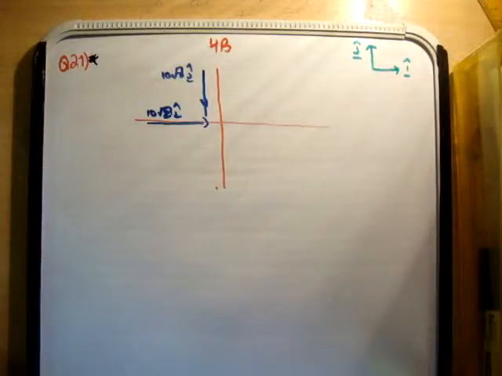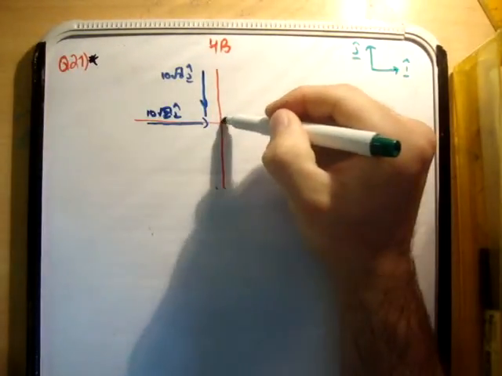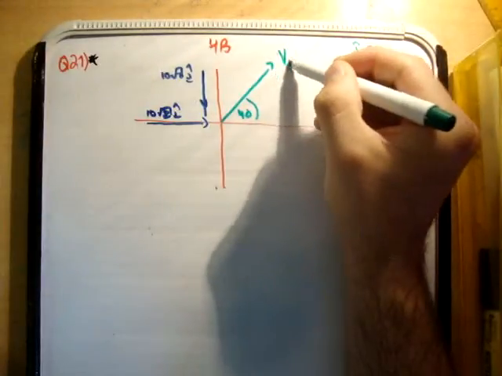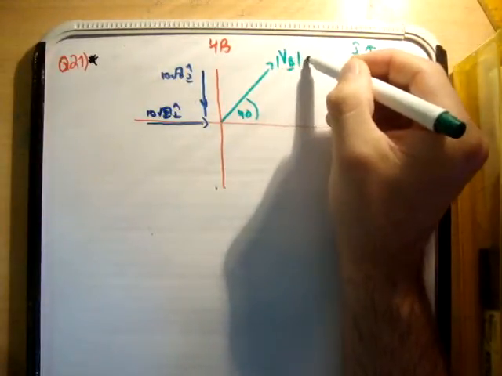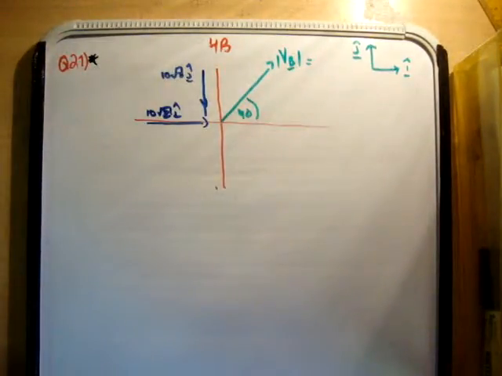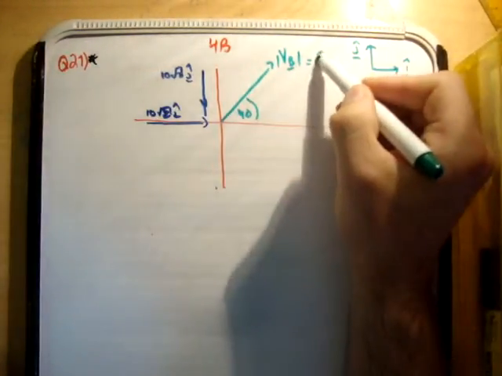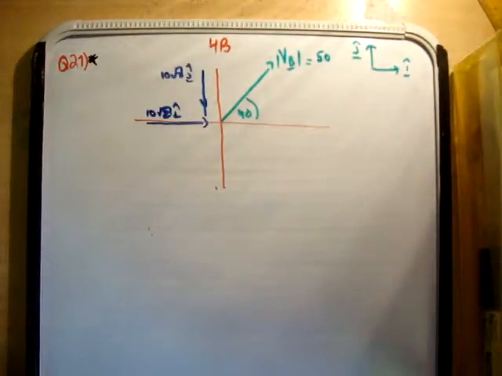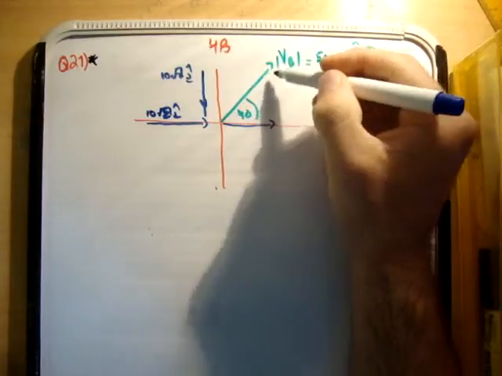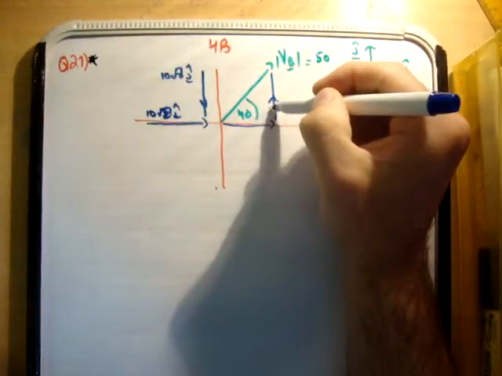Now we're told that ship B is doing 40 degrees north of east. So it's going in this direction here. This is 40 degrees. This is VB, whose magnitude is equal to, what is its magnitude? 50 kilometers an hour. So it's 50 here. So if we resolve this in the same fashion, we're going to get the two vectors which, when added together, will create it. They must be parallel to the axes, of course.